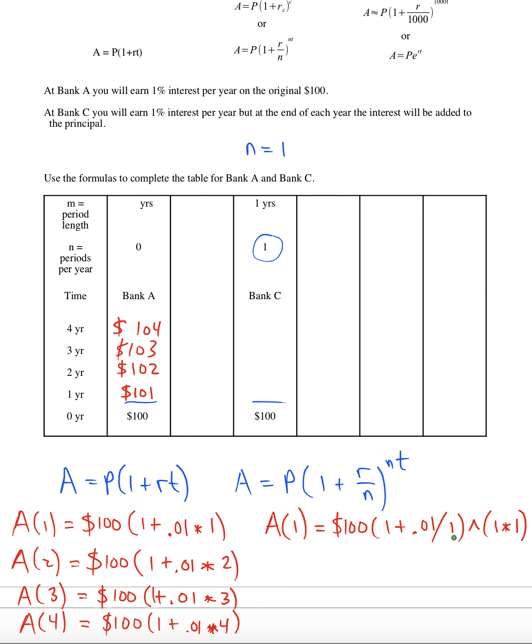Use the division sign and put a 1 on the bottom because we're letting n equal 1 for this formula. Close your parentheses, raise it to a power using the caret. You need parentheses around the nt to make sure that gets calculated before you raise it to a power. And then we'll let our n be 1 and our time is 1 year. If you type that in correctly into the calculator, you'll get 101.